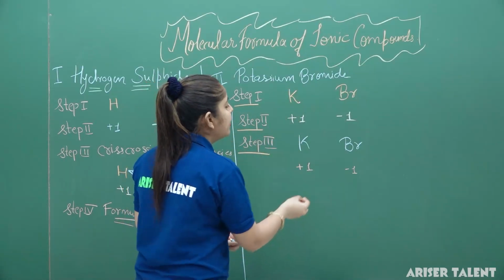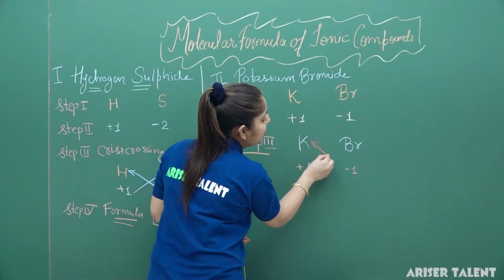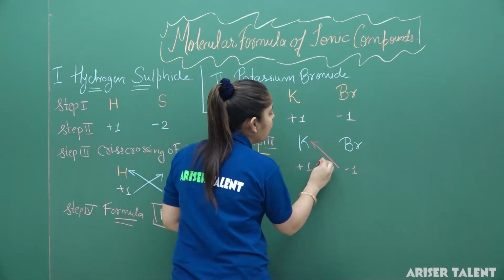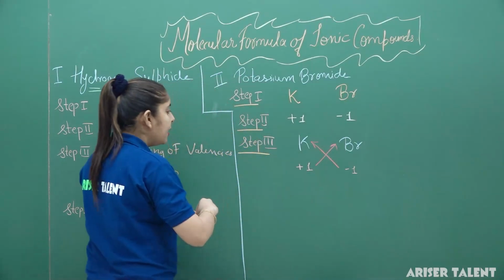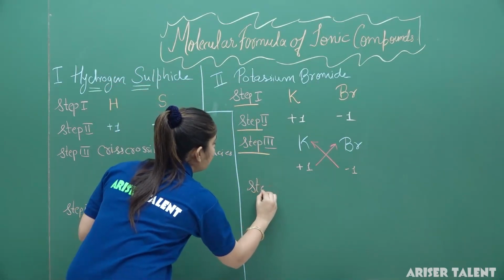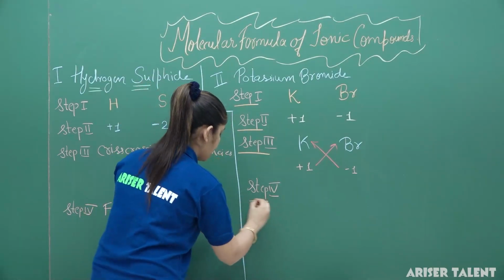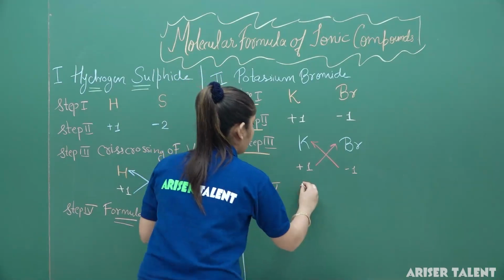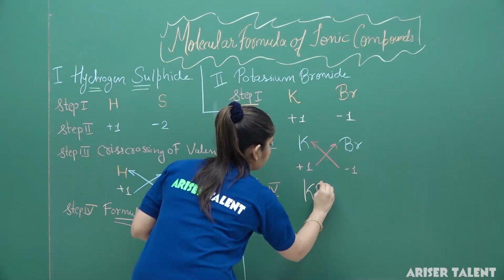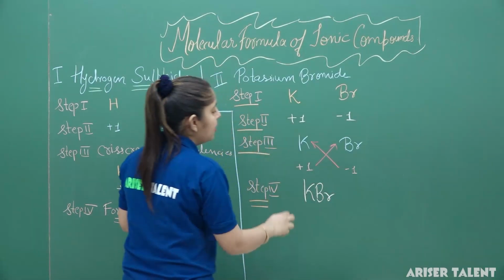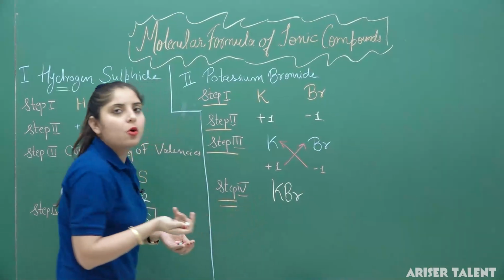Now we will do the crisscrossing of valencies. This 1 will be shifted here and the other 1 will be shifted here. So in our step number 4, we will get the formula of the compound, that is KBr. It means 1 and 1 having a common factor 1.